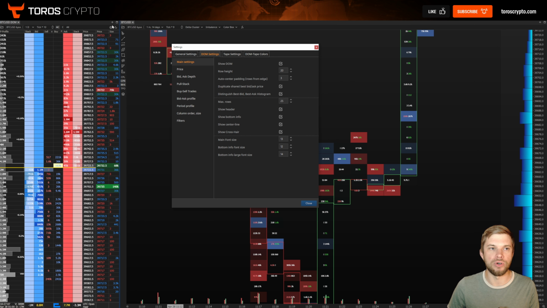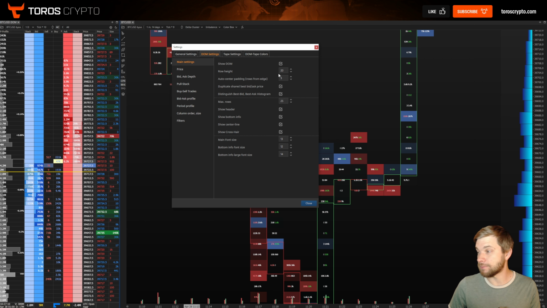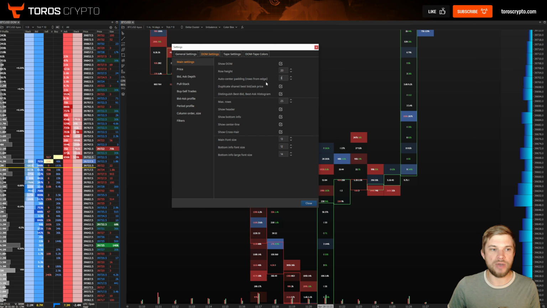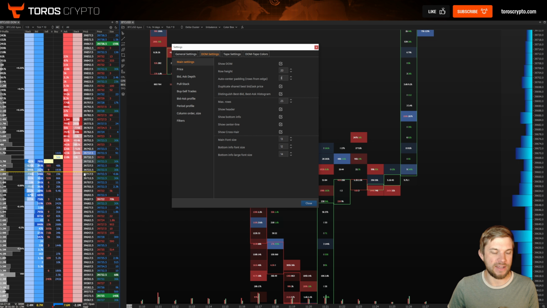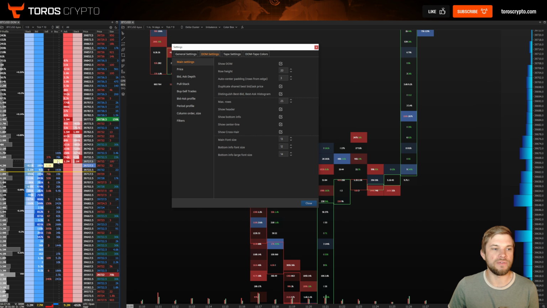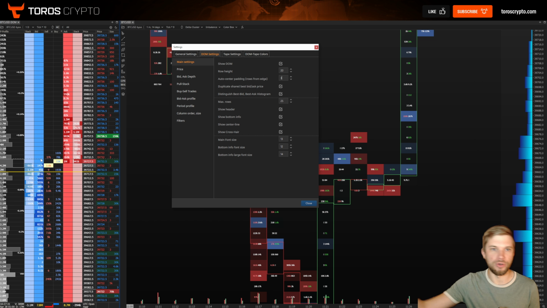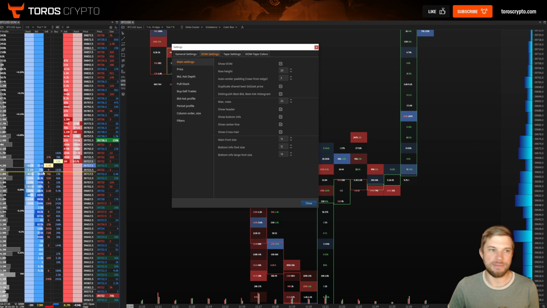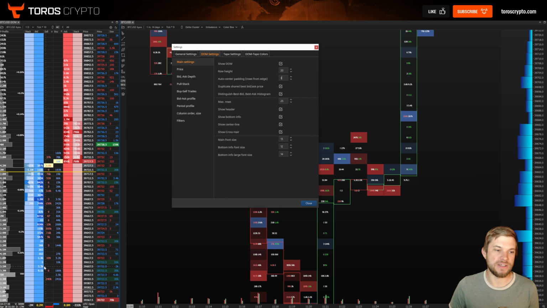So if you go to your settings up here on the top right, and you have your auto center padding as kind of general, you can see here how we have this center line, this yellow line that we actually started price action on, but you can see now that price is moving away from that. And what this can often give you is you can see price as you have a lot more buyers coming in, this price start to shoot up, and then if you get a lot more sellers coming in, you'll start to see this price start to shoot down, or where the DOM is.